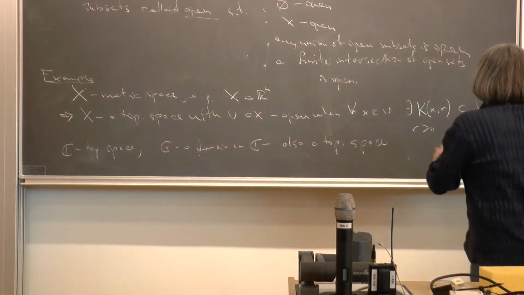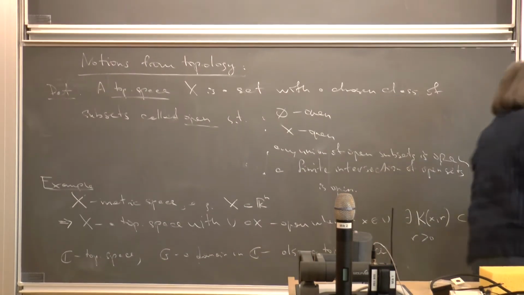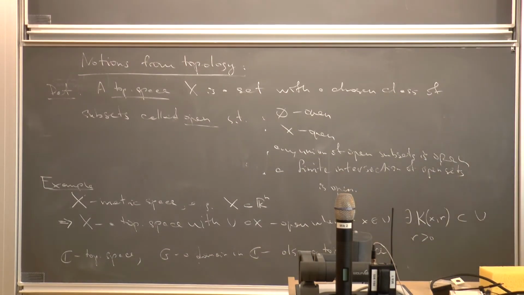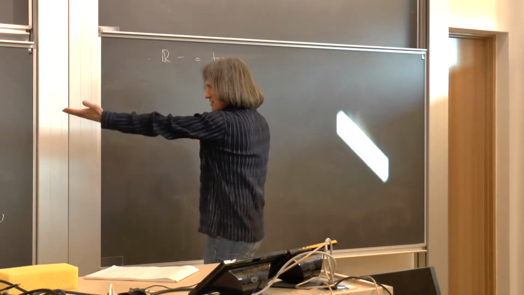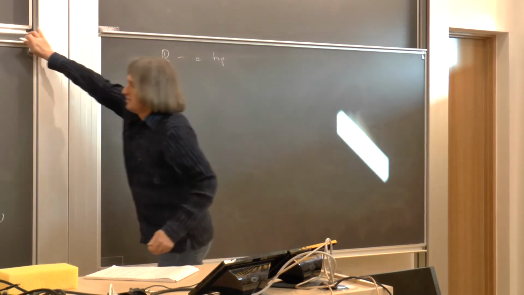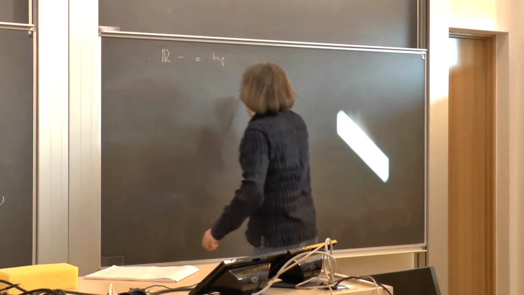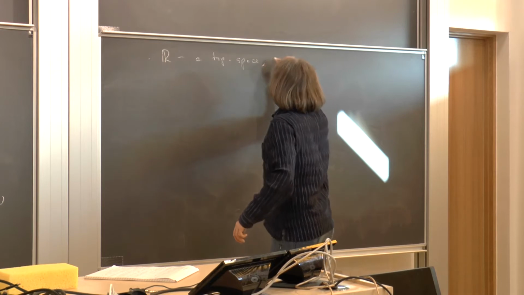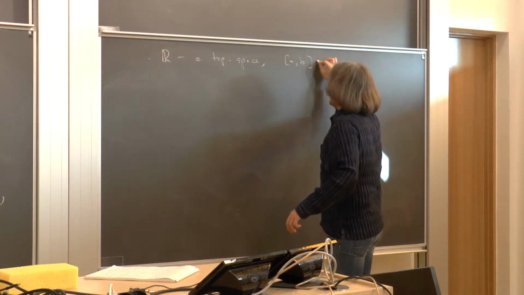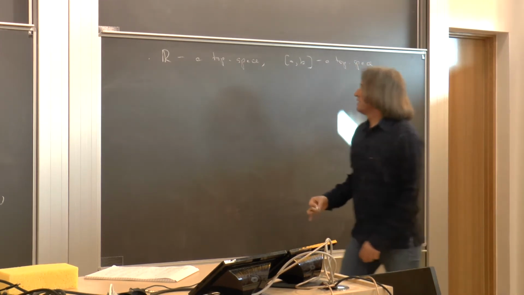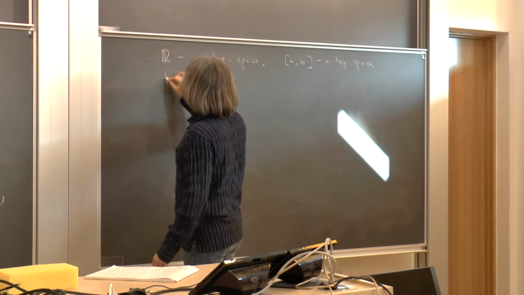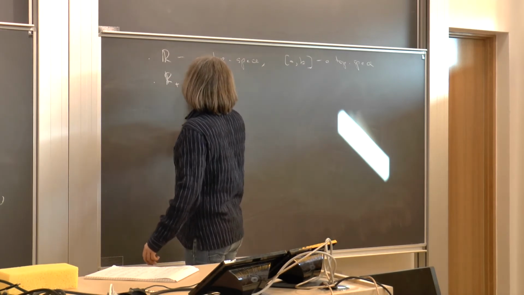So there are maybe 3 more or maybe 4 more topological spaces which appear all the time in our real life. So the real line is a topological space because it's one of the examples I mentioned. It's a metric space. An interval is a topological space. A half line is a topological space.